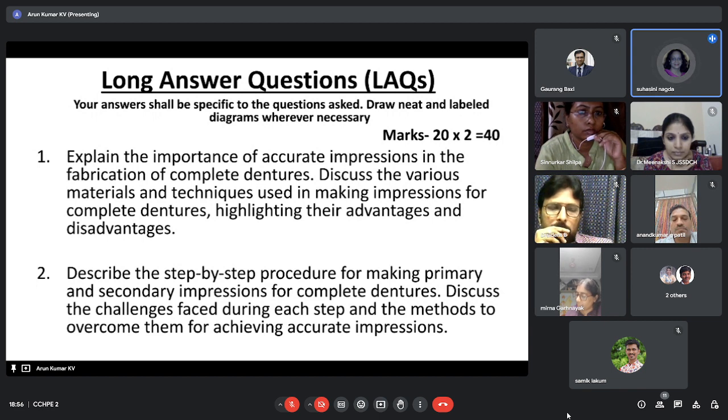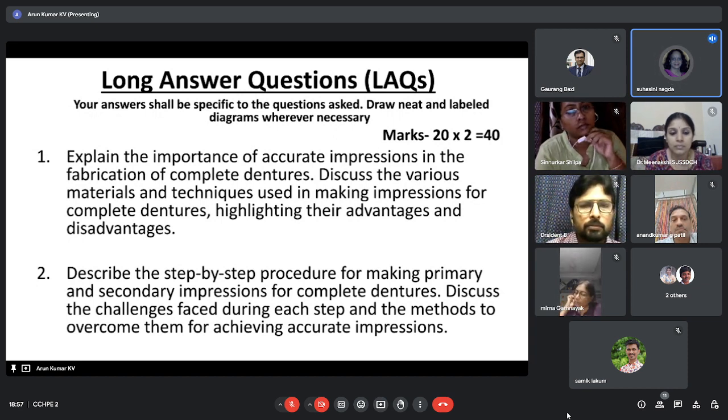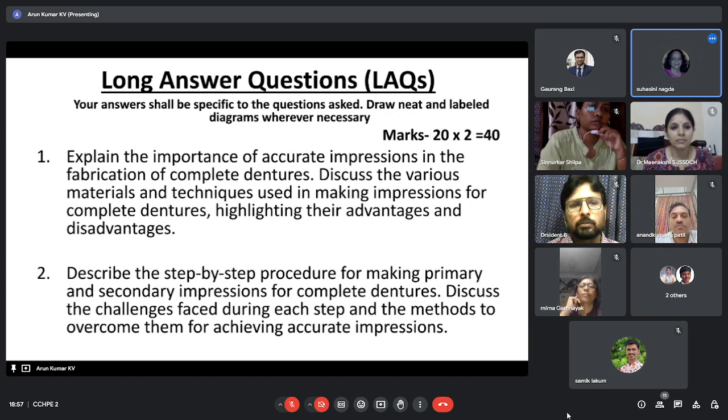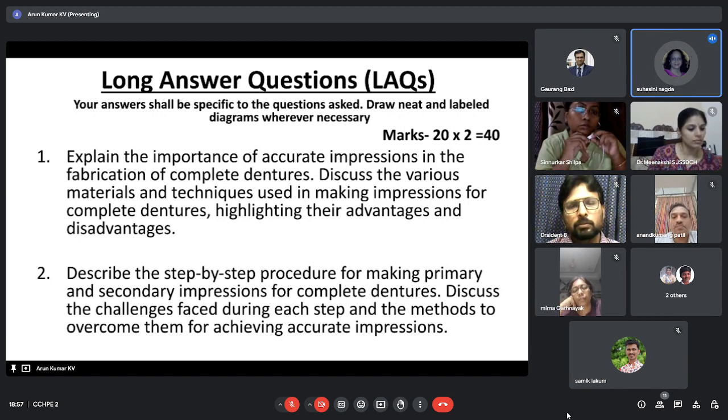And why write like this: "Explain the importance of accurate impressions in the fabrication of complete denture"? I don't know why impressions have to be accurate. If you want to know, inaccurate impressions cause so many other problems, so you can frame the question a different way. What is the importance of the final impression or primary impression in the fabrication of complete denture?